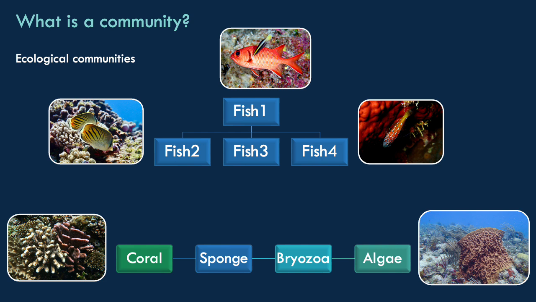And likewise, we can do this without shared evolutionary history. So if you look at the bottom, we have coral, sponges, bryozoans, and algae. They're very different, evolutionarily speaking. But they compete for the same resource. They all want space on the seafloor, and as a consequence, they interact in so many different ways that they form a really nice community for us to study.